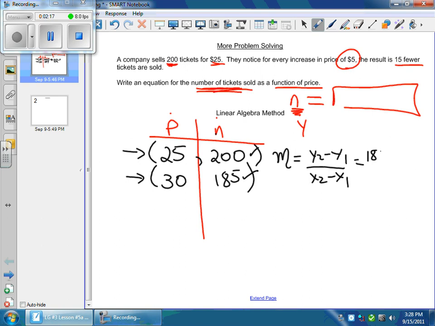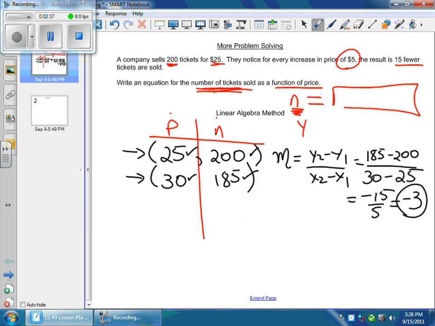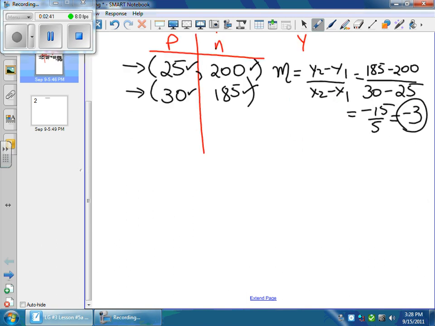So 185 minus 200. And then you take your 30 and subtract the 25 from it. So you're going to have negative 15 over 5. So you get a slope of negative 3. Fantastic. You're halfway there.